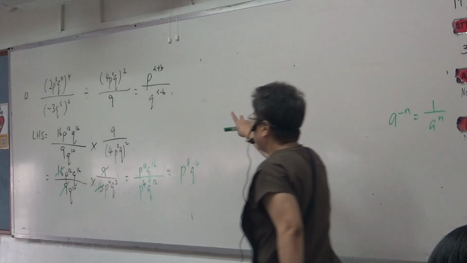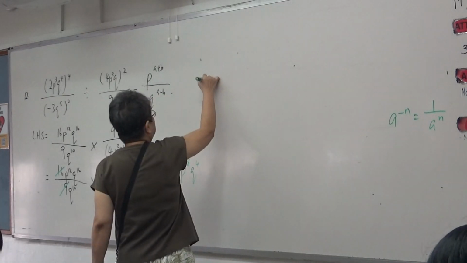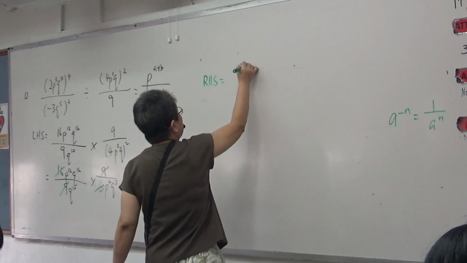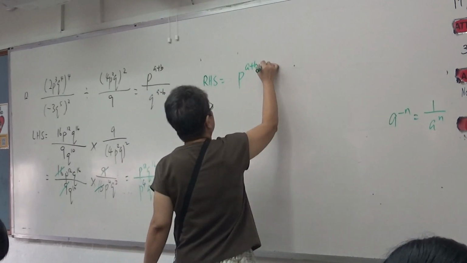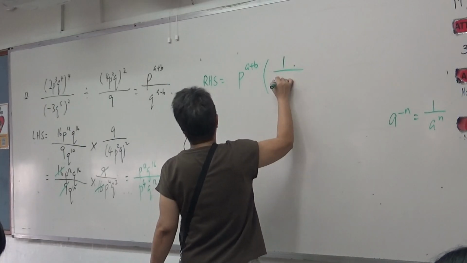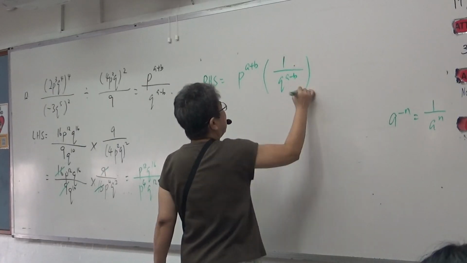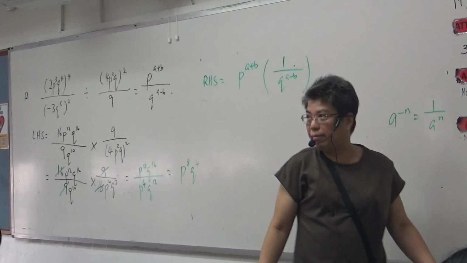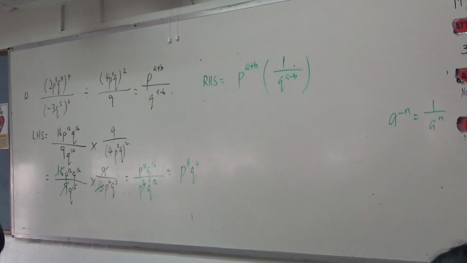Okay, now look at this right hand side. This is 1 over q a minus b, right? I want you to know if you know what I'm talking about. Yes or no?